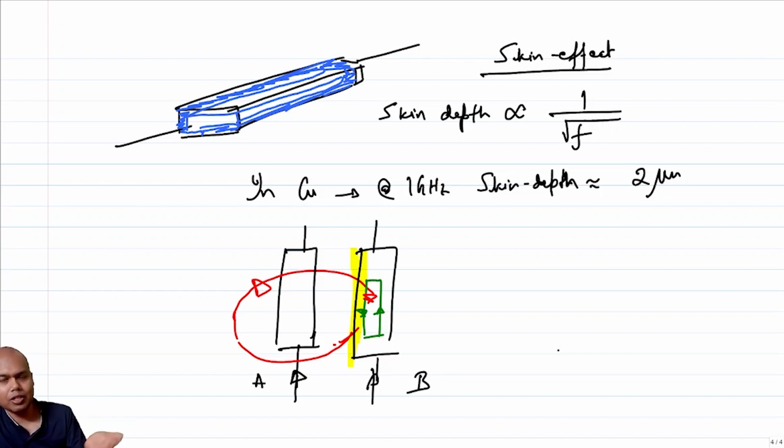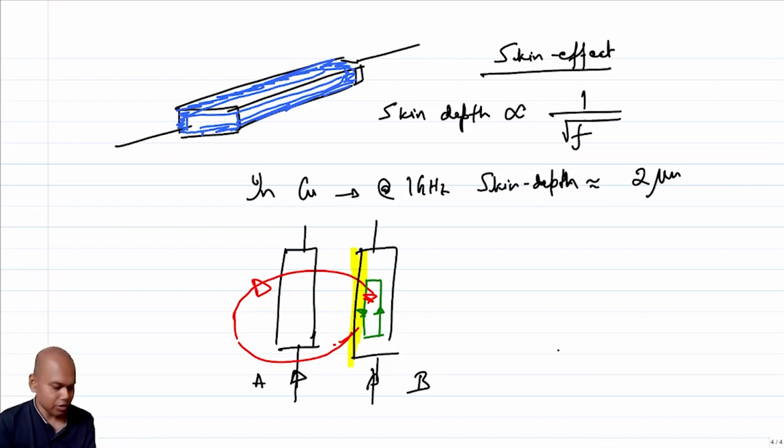So now you see the problem. It essentially means that you are again effectively reducing the amount of space through which your effective current can move, right? Which essentially means that you will end up having higher resistance as well.